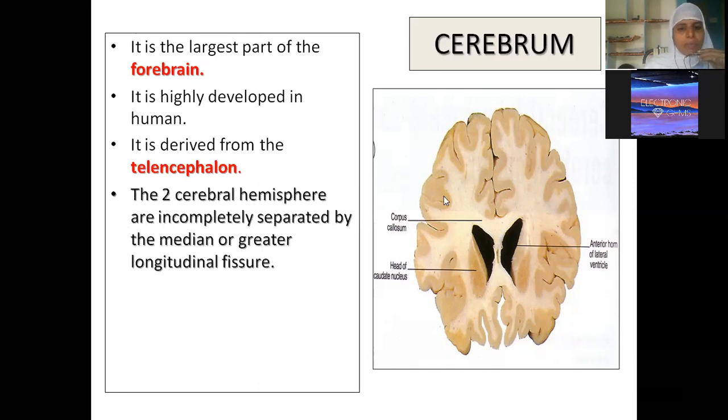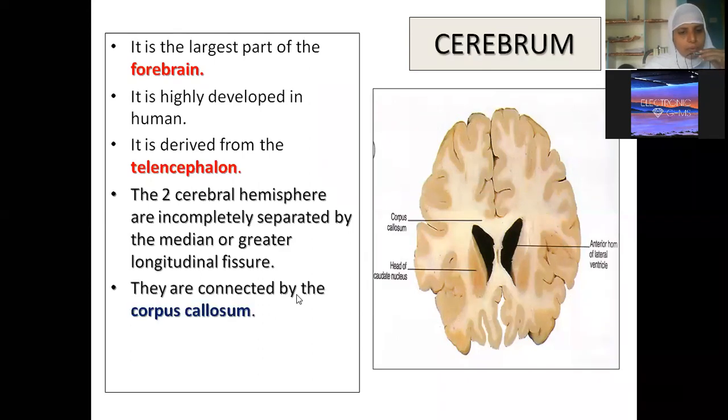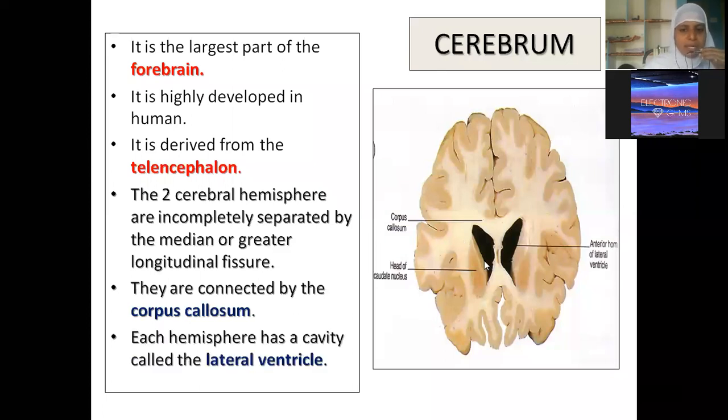The two cerebral hemispheres are incompletely separated by the median or greater longitudinal fissure, and the connecting point is the corpus callosum. Each hemisphere has an empty cavity filled with CSF, that is cerebrospinal fluid, that is the lateral ventricle.